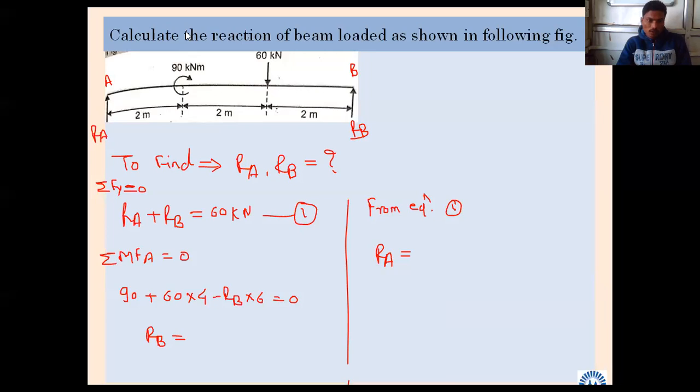Okay, then I will ask Deepraj, 55. Deepraj, what is the value of RA? Sir, I am solving it. Yes, sir. And I am going to come to one conclusion, not today. At the end I will tell.